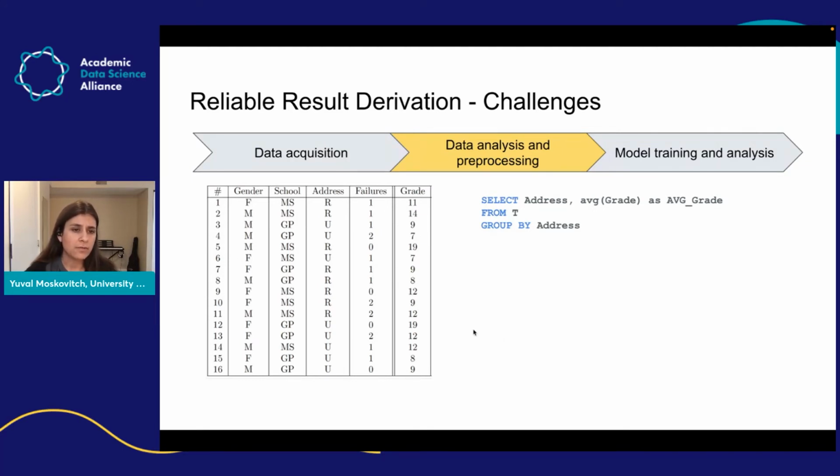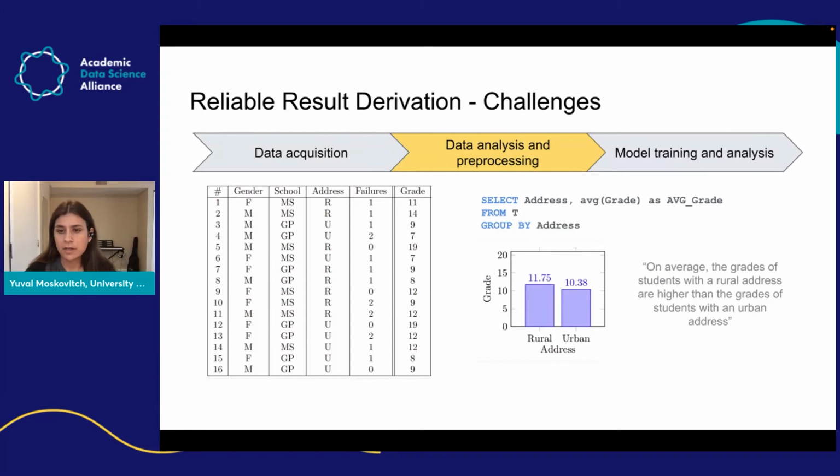It has information about the gender, the school, the address, whether it's rural or urban, number of previous failures, and the grade on a scale of 1 to 20. This query computes the average grade per address type, and based on the query result, an analyst can come to a conclusion that on average the grades of students with a rural address are higher than the grades of students with an urban address.